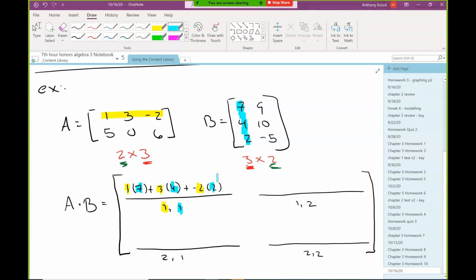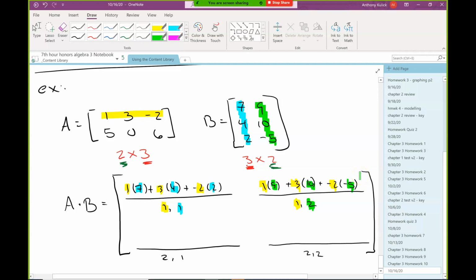And I'll do that addition and multiplication here in a minute. The next spot, I'm going to use row 1 from A and column 2 from B. I have 1 times 9, 3 times 10, and then negative 2 times. So far, so good.